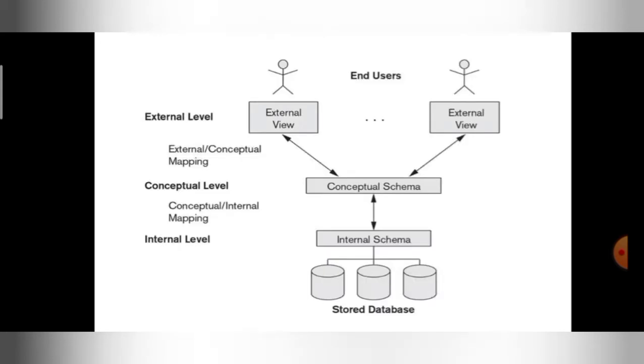In this diagram, the internal schema is purely related to the way we store the data in the database. It tells about the details related to storage, how your data is stored.